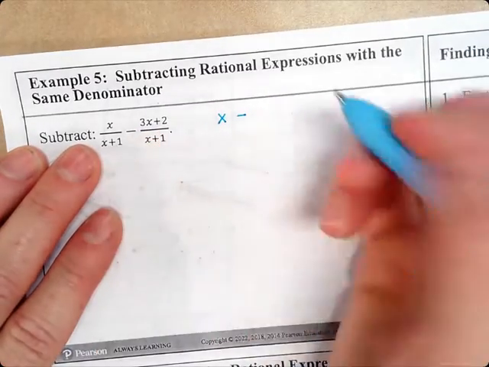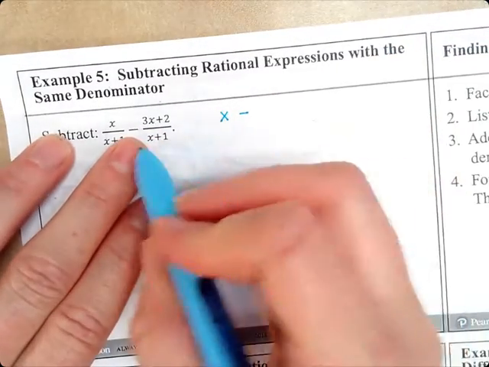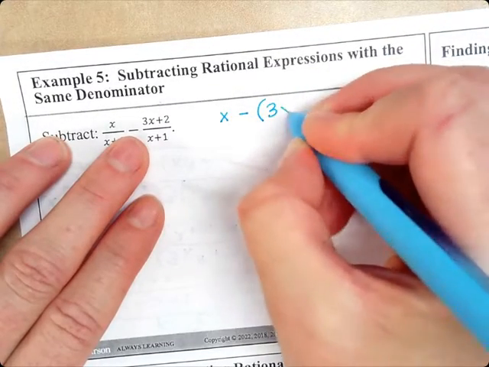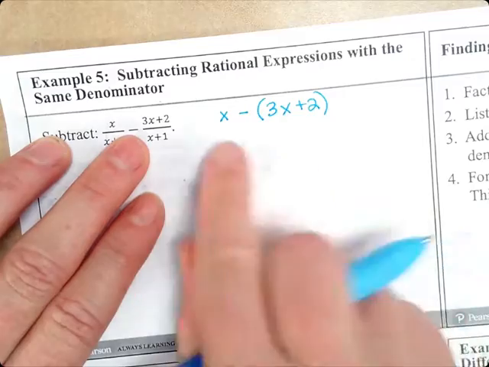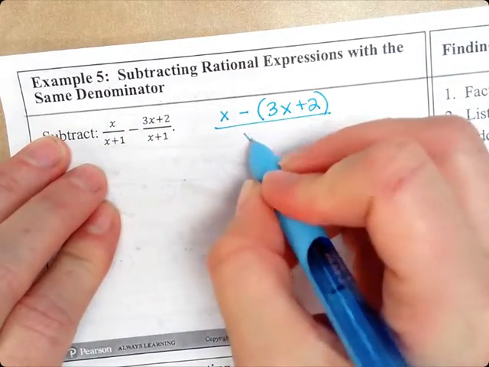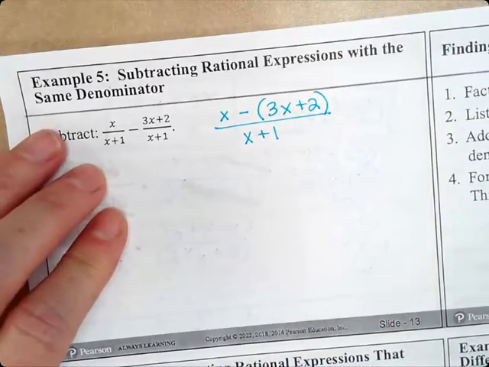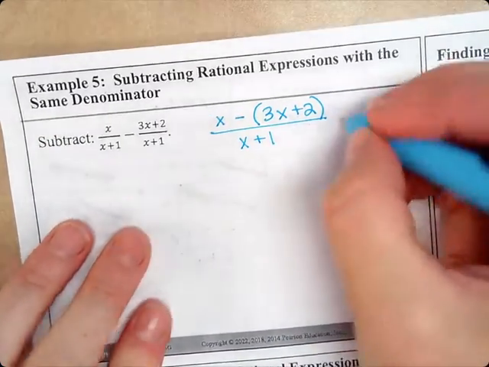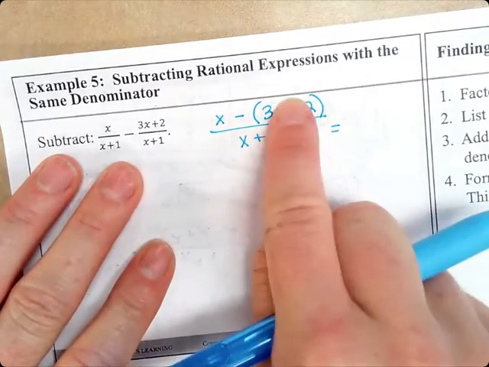So a common mistake here is to just do minus 3x plus 2. But what it really is, is minus the 3x plus 2, the whole thing, over our denominator. So we have to distribute the negative. You have to change the sign of everything inside here.